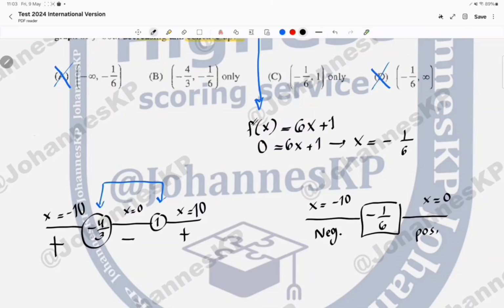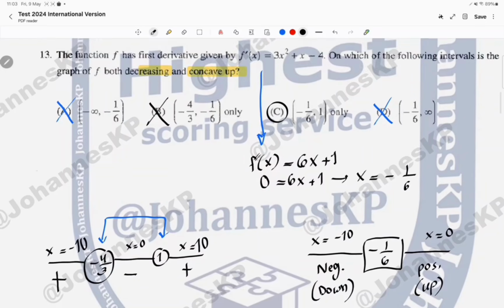If it's positive, it's concave up. If it's negative, it's concave down. So it's concave up when the x is bigger than negative 1 over 6. So it cannot be B. Okay, so it's going to be C.